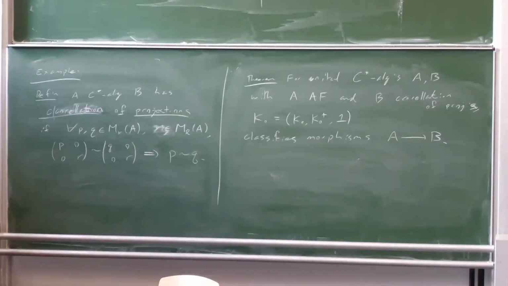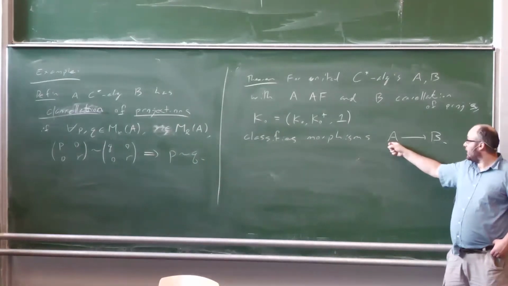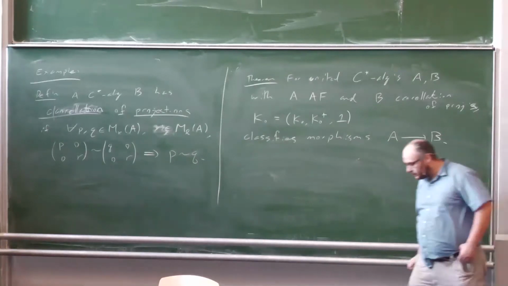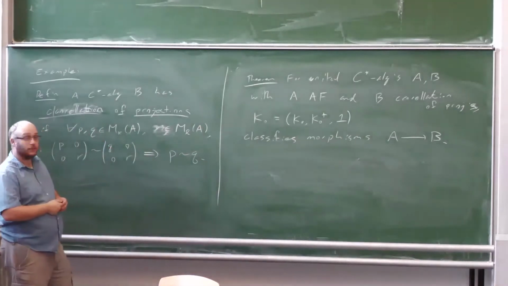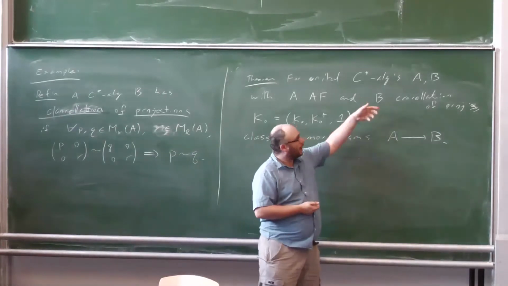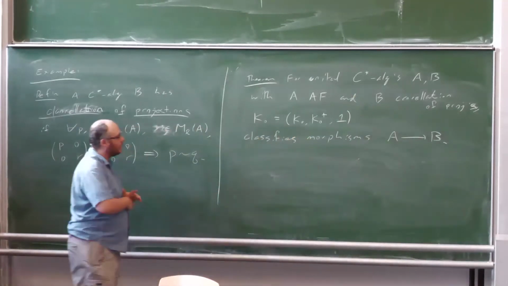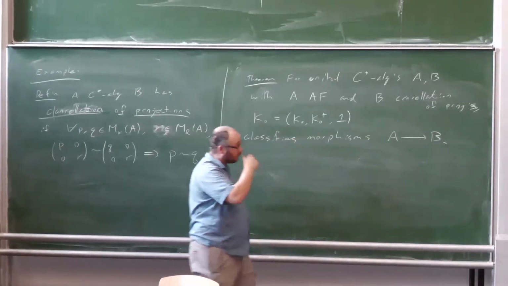If you have a map from the K theory of A to the K theory of B, that can always be implemented by a homomorphism. So you have a very good method of deciding when an AF algebra embeds into something. Just assuming the codomain is something reasonable, you just look for a map on K0. And also you have some amount of uniqueness: all maps with that prescribed K theory are approximately equivalent to each other.